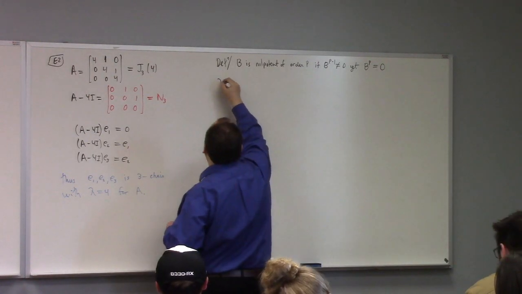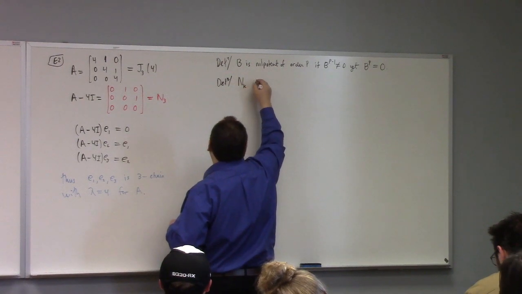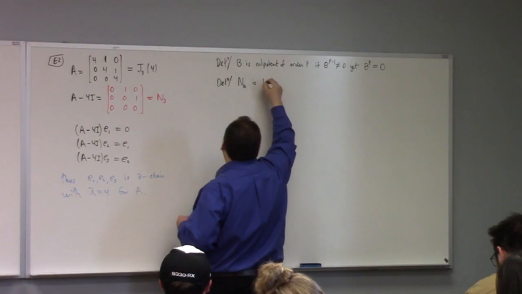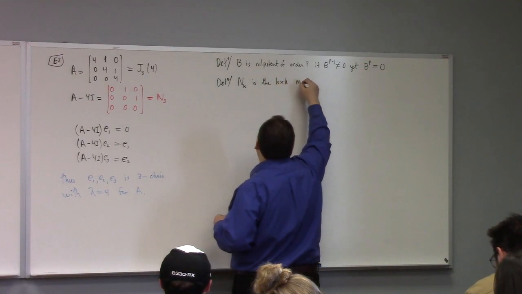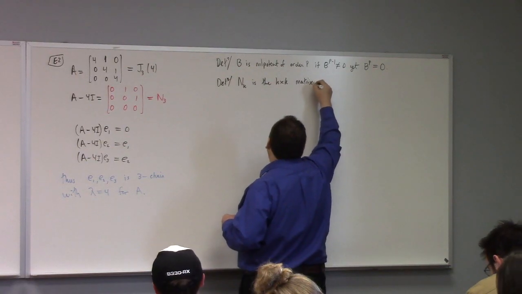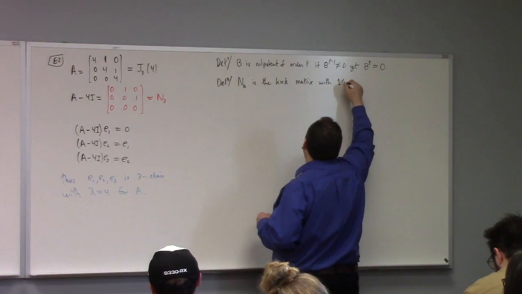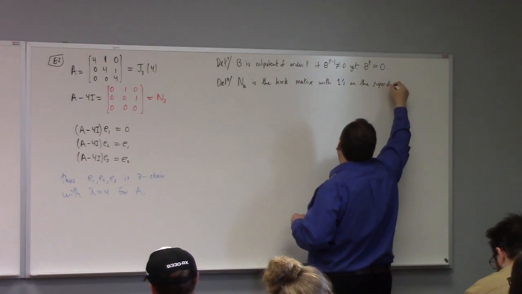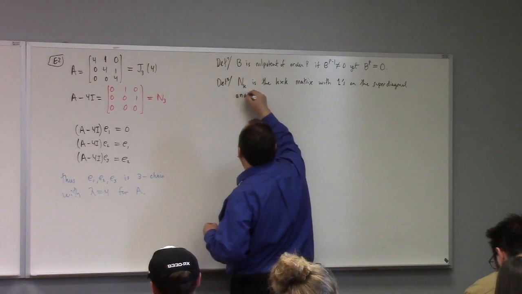So, definition: N sub k is the k by k matrix with ones on the superdiagonal and zeros elsewhere.